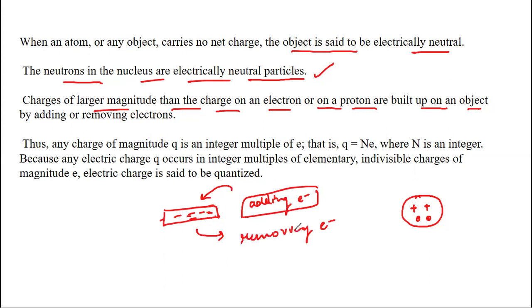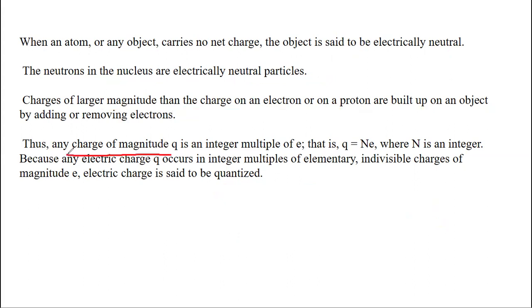We can remove electrons, and then if we want to remove the charge from this object, the magnitude of any charge of magnitude q is an integral multiple of the electron charge. So as we are saying, some charge is being built up, let's say I'm putting 10 electrons over here, so how much charge is built up? How do we keep track of it?